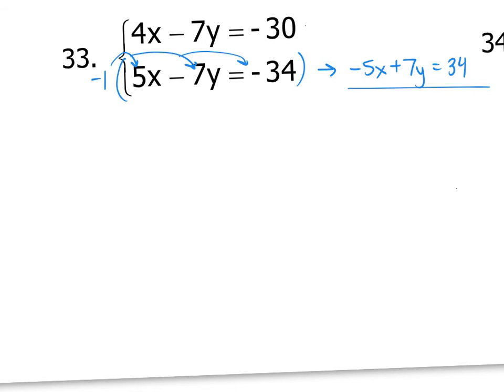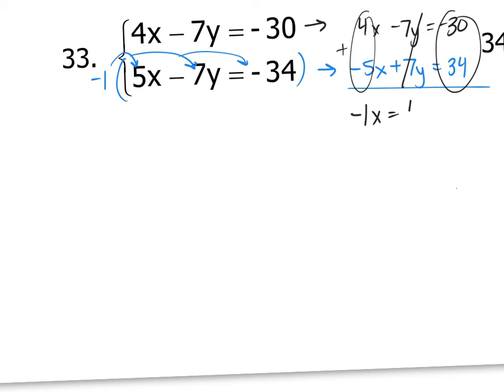I did not change the top equation. I'm just going to leave it the way it is: 4x minus 7y equals negative 30. And now if we add these together, the y's will eliminate each other. So on the leftmost side, it looks like I have negative 1x equals, if I add these together, 4. So if I divide both sides by negative 1 here, I have x equals negative 4 for my answer for x.